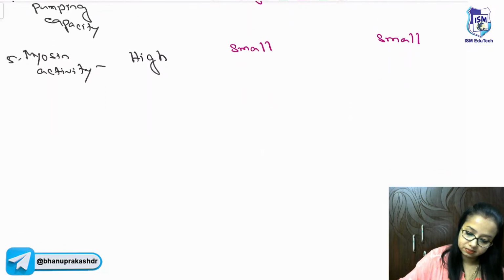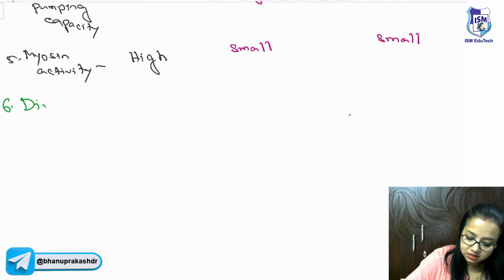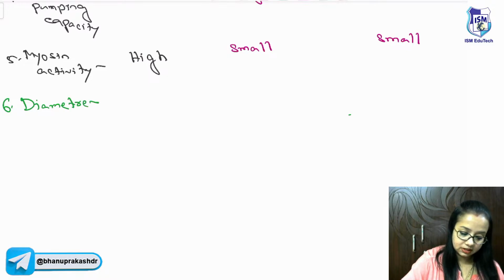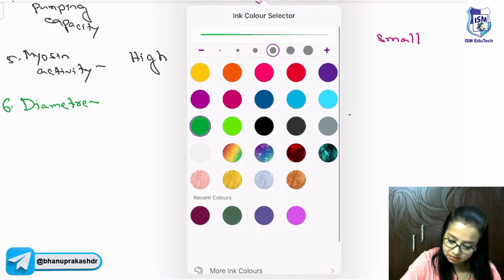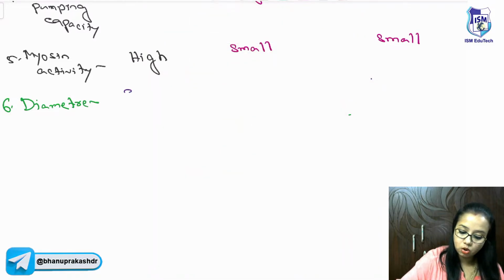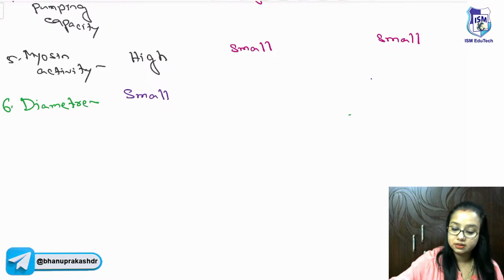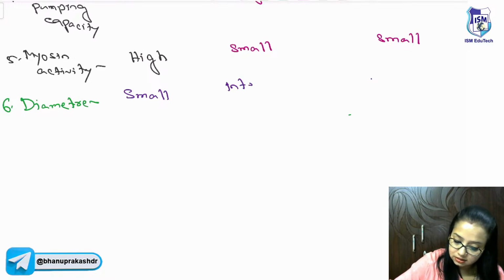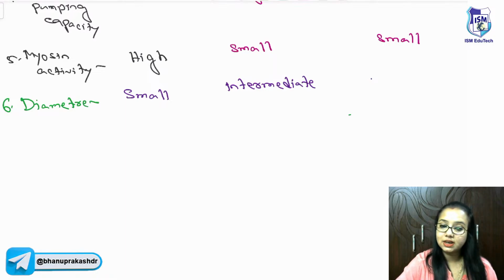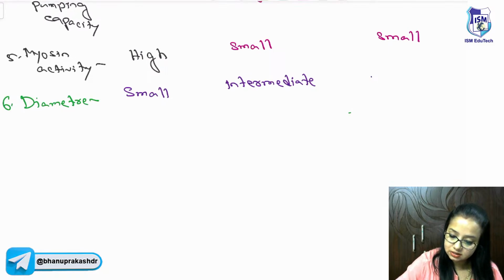Then the diameter of the skeletal muscle fiber: it is small in diameter here, intermediate here, and type 2B is the largest one.